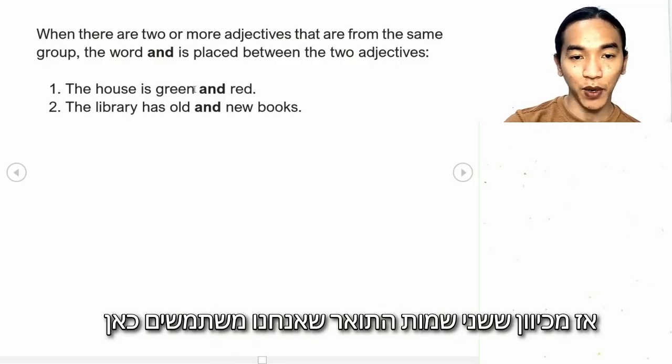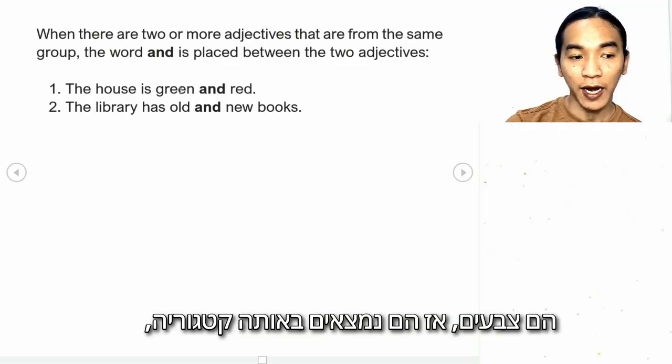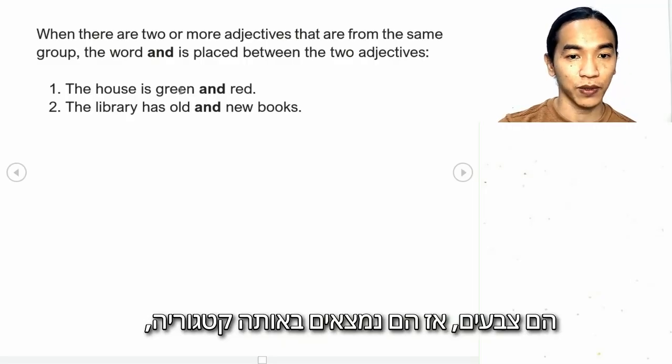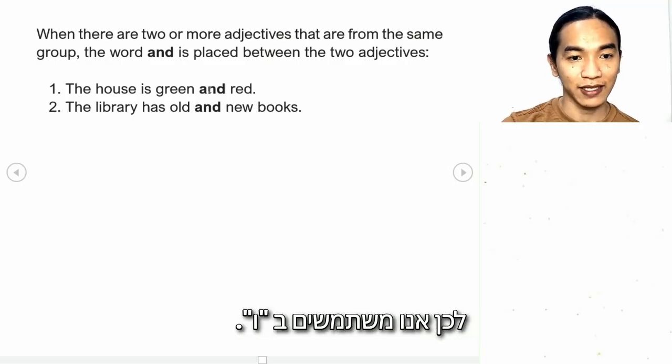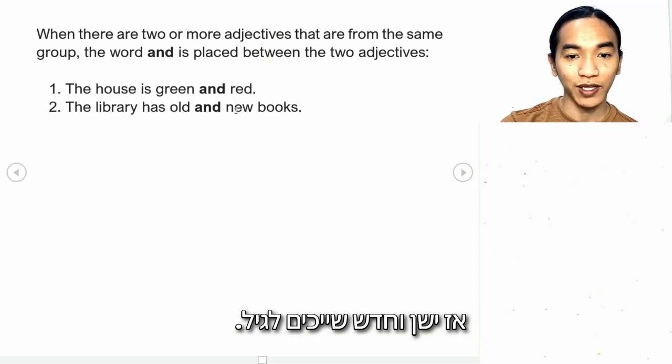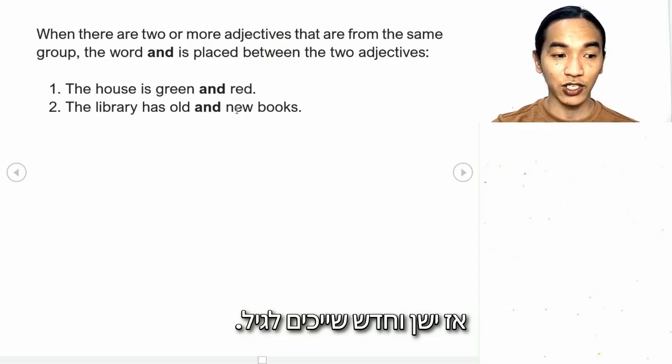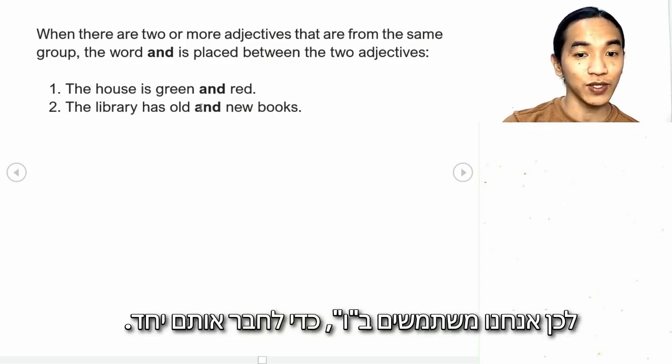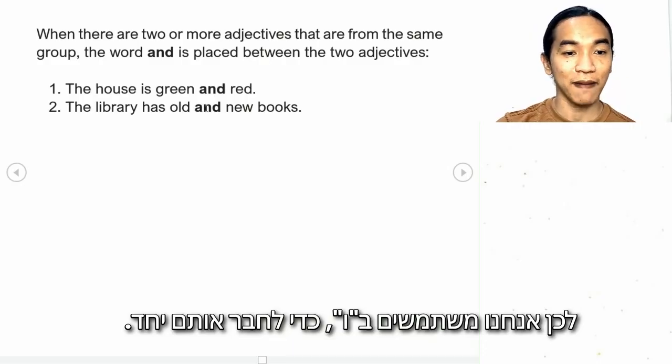So, since both of the adjectives that we use here are colors, then they are in the same category. Therefore, we use and. Number two, the library has old and new books. Okay, so old and new belong to age. Therefore, we use and, okay, to put them together.